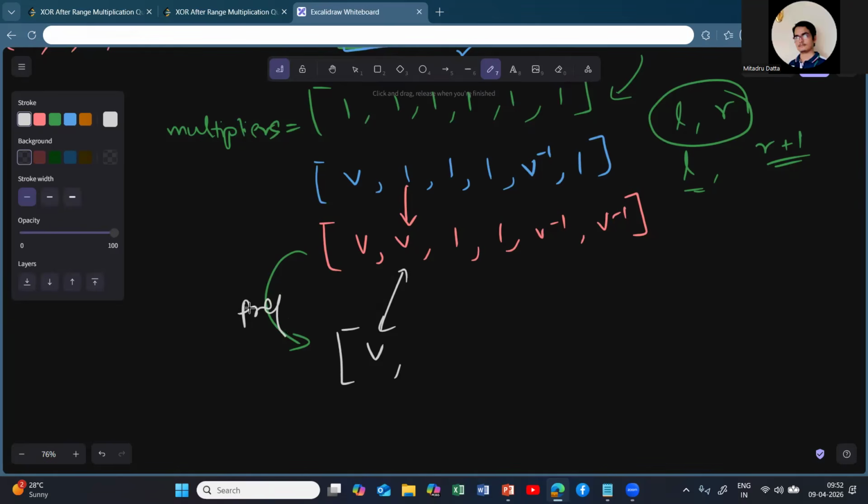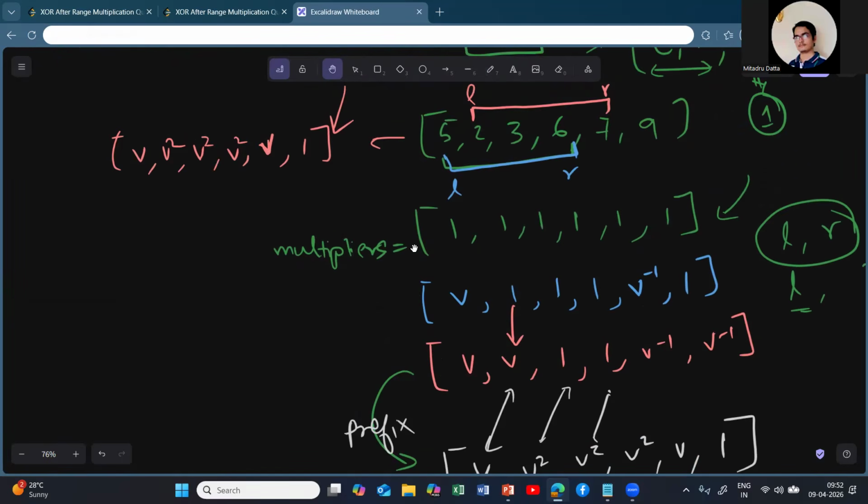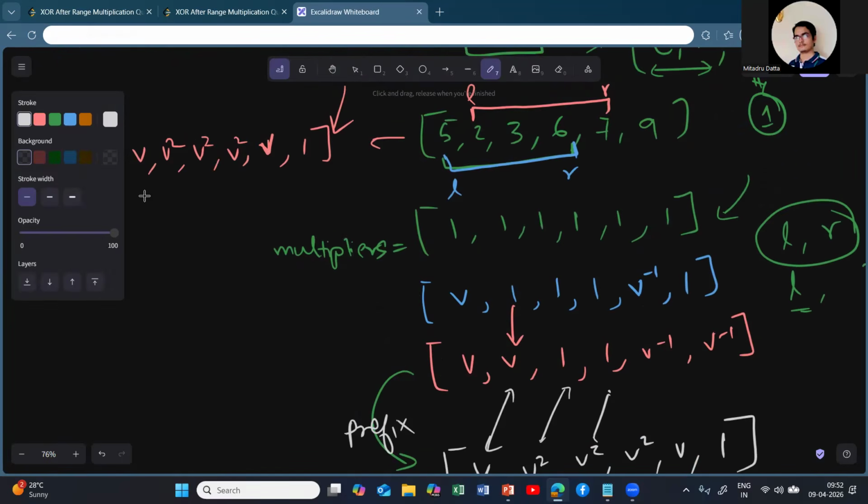So you simply do V into V square, again multiply V square with 1, again multiply V square with 1, and you multiply V square with V inverse, what do you get? You get V, right? And if you multiply V with V inverse, you get 1. So if you see, this prefix array and this array are exactly the same.